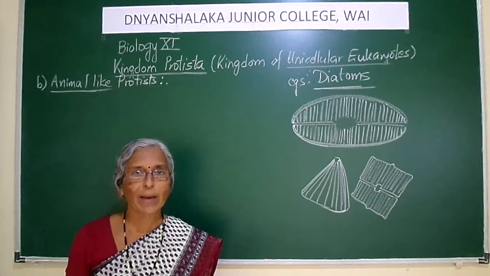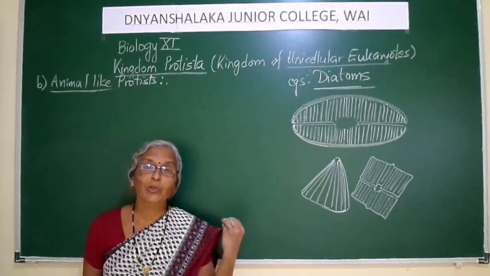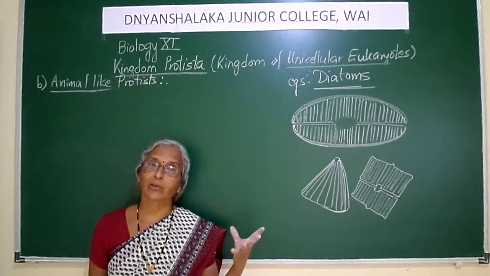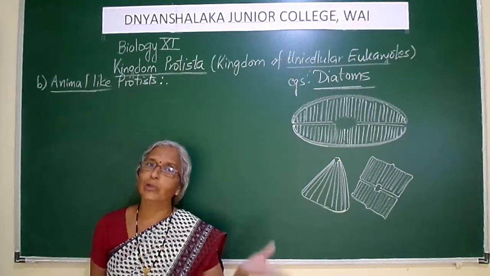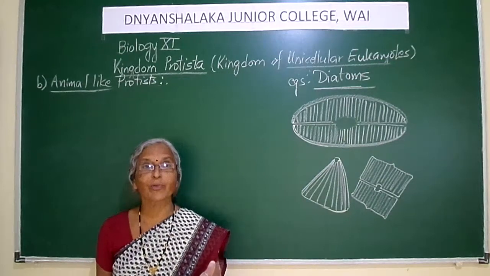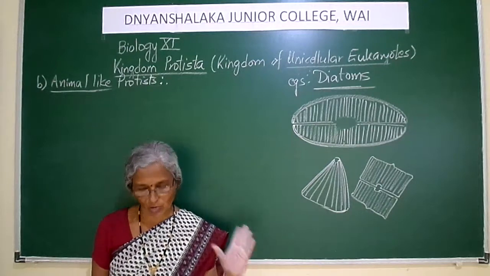So cell wall will be absent. These are not photosynthetic in nature. Animal-like protists are going to be holozoic and heterotrophic. So they cannot prepare their own food, so they have to depend upon food in the form of other organisms.